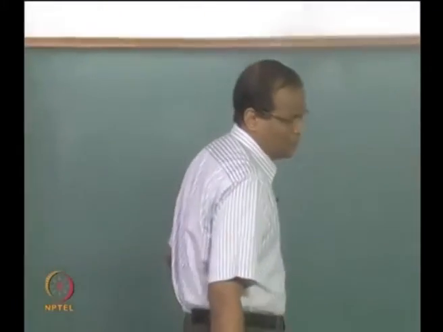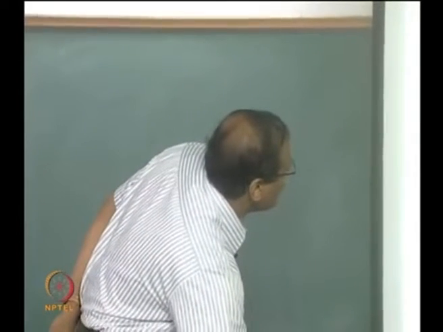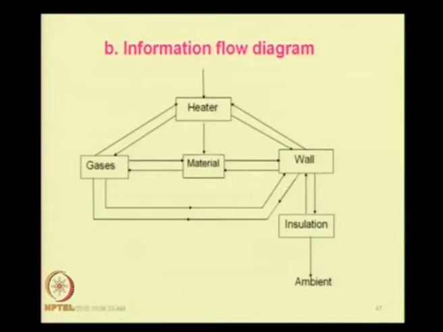Okay. So if you look at the material, material to the gases or from the gases, material to the wall or from the wall, from the heater to the gases or from the gases, heater to the wall, but heater to material can also be there, right?